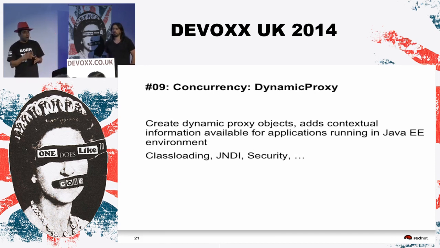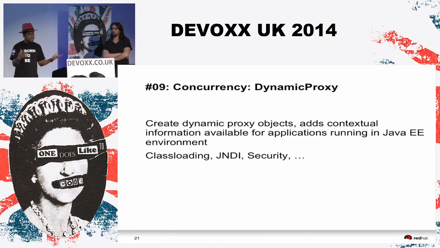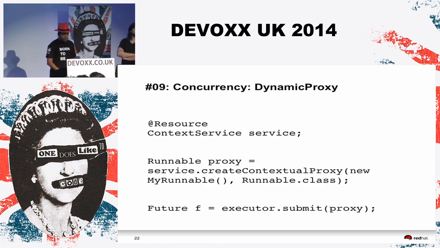The fourth object that is introduced in JSR 236 is the dynamic proxy. So now, let's say those objects that were defined previously are not really meeting your needs, you want to assign a context to a random POJO object. I just want to have my context available over there. So in that case, what you do is you create a dynamic proxy.